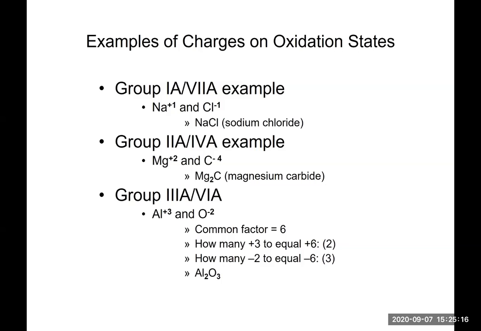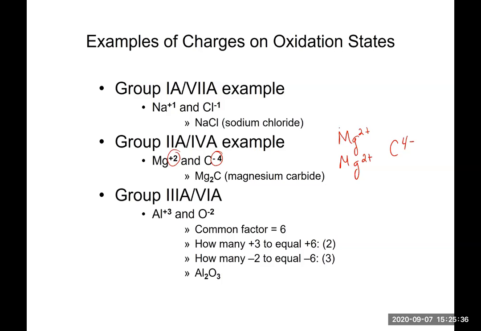So if we want charge neutrality by looking at these oxidation states that we have here, we're going to need 2 magnesiums in order to neutralize this 1 carbon with a 4-.